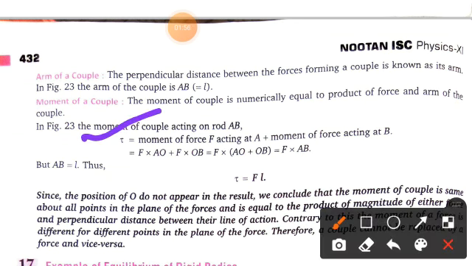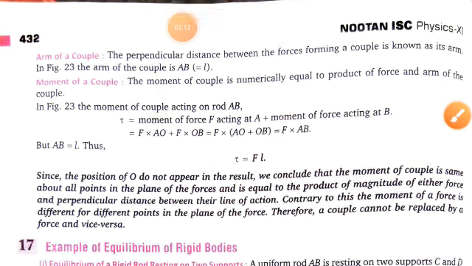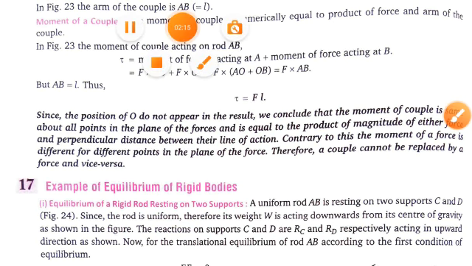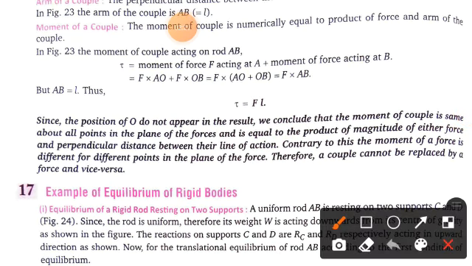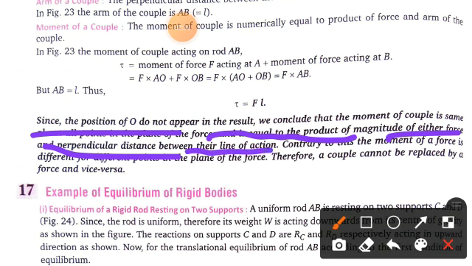So here the moment of couple acting on a rod AB is how much? Tau is equal to the moment of force F acting at A plus the moment of force acting at B. And finally, if you put in the values, you will get the relation: torque is equal to force into total length, which is your AB. Now since the position of O does not appear in the result, we conclude that the moment of couple is the same about all points in the plane of the forces and is equal to the product of the magnitude of either force and the perpendicular distance between their lines of action.